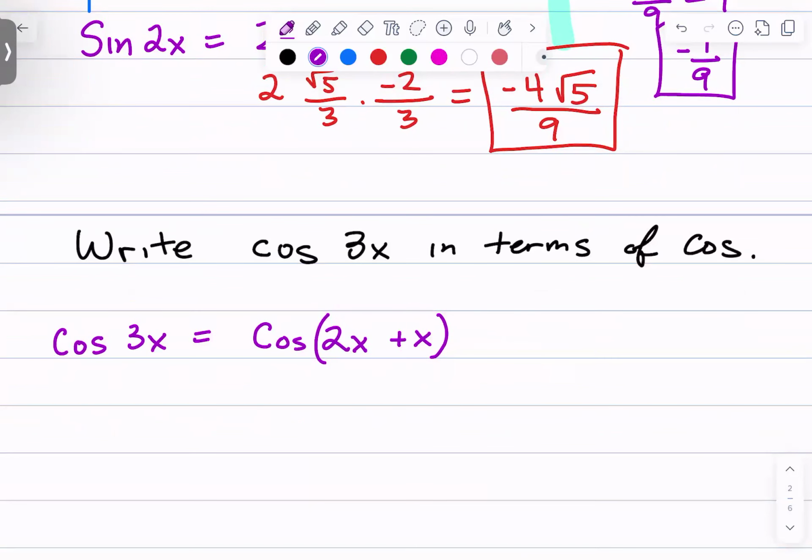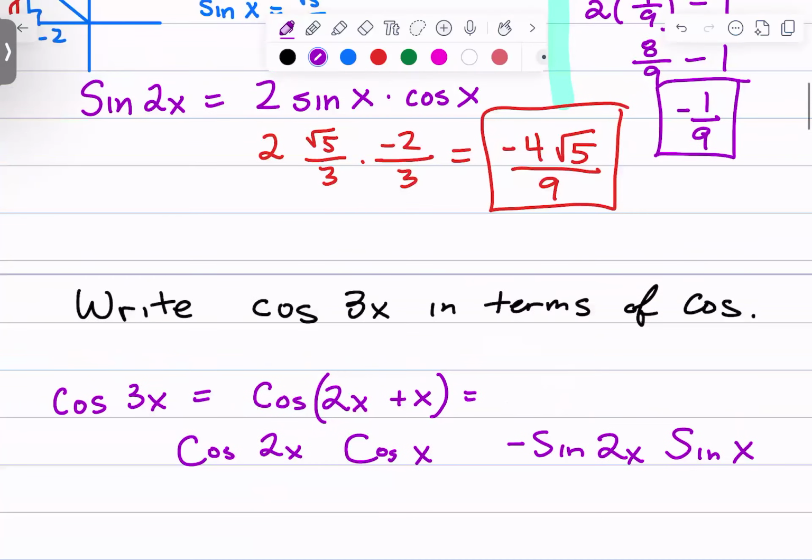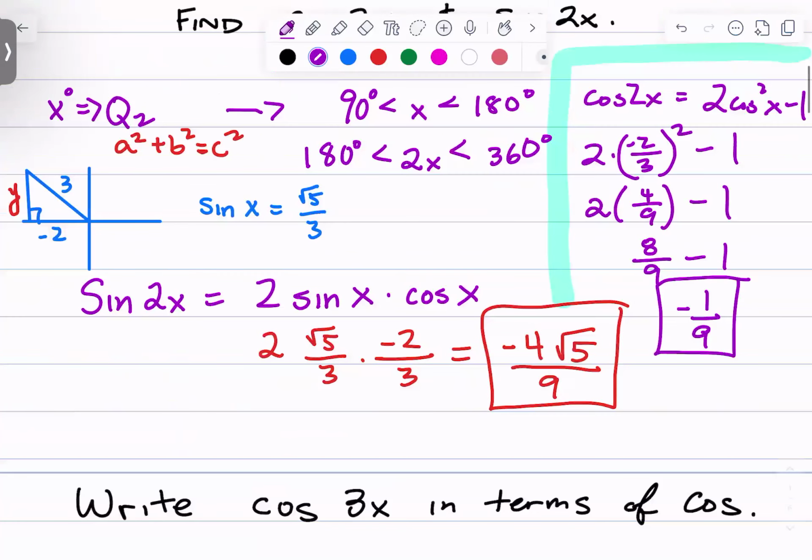So if I use the addition formula of cosine, cosine switches signs. This would be a minus: cosine, cosine, sine, sine. 2x, x, 2x, and x. Right? Cosine of 2x.